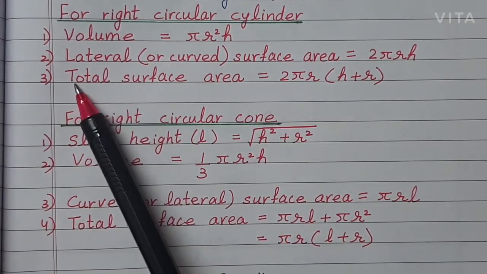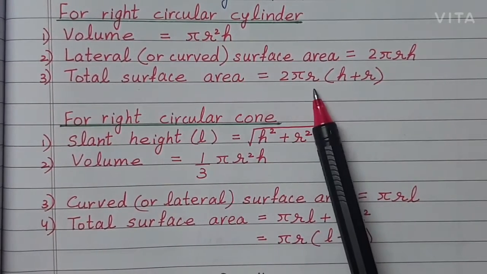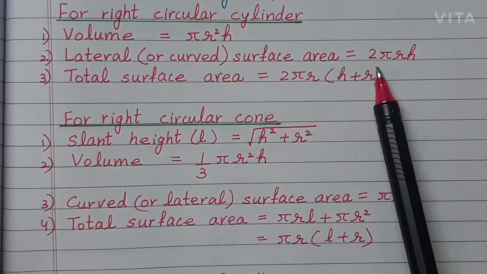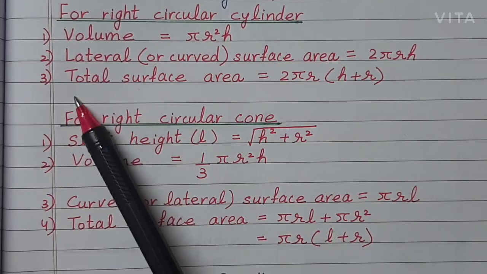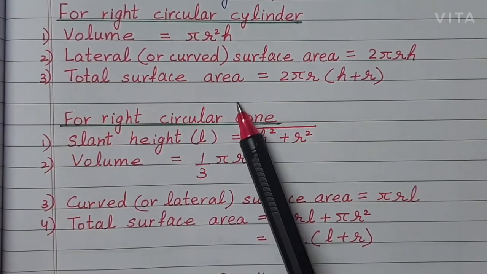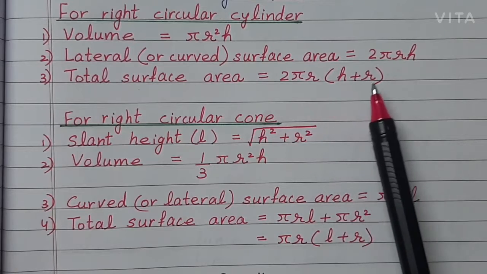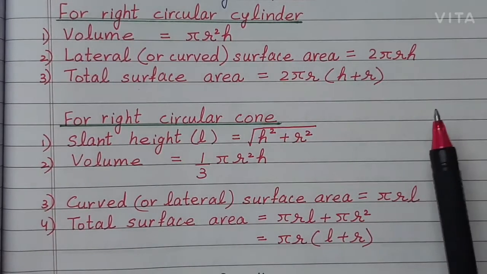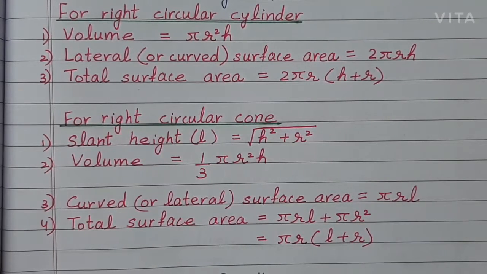Second is lateral or curved surface area, that is 2 pi r h, and the total surface area is 2 pi r h plus r. Students, the derivation of all these formulas we have already discussed in the assignment. I hope you remember that.